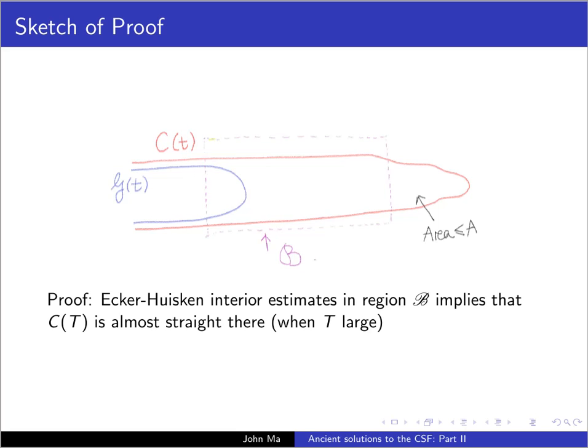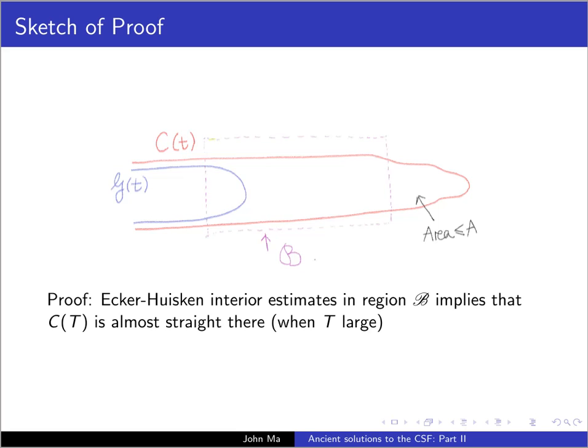We know that they are all lying inside this strip region, and the area between the two is bounded by A. Now take a look at this rectangular region which I call B. This is the region where your curve shortening flow C can always be written as the graph of two functions.